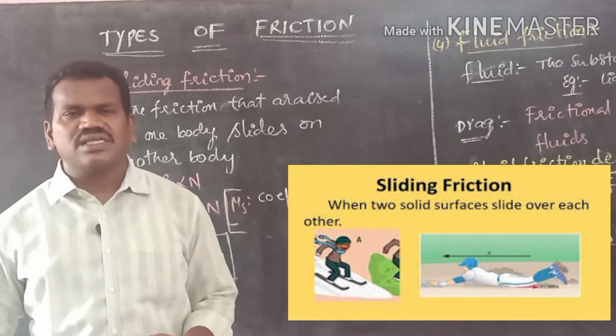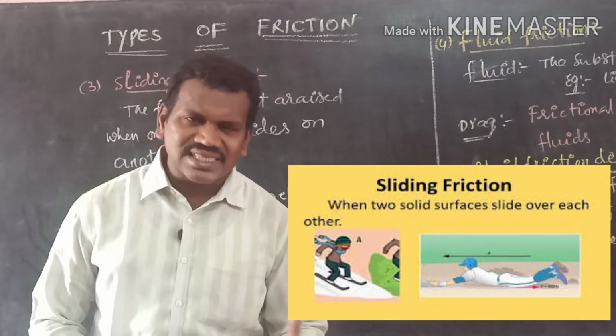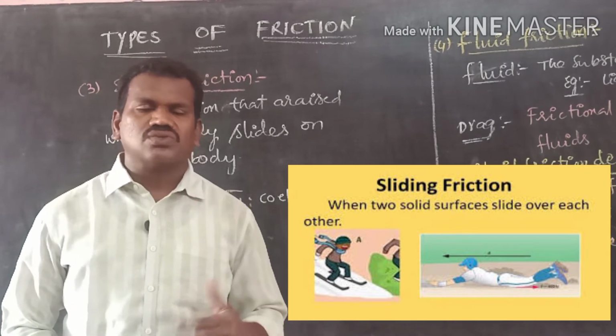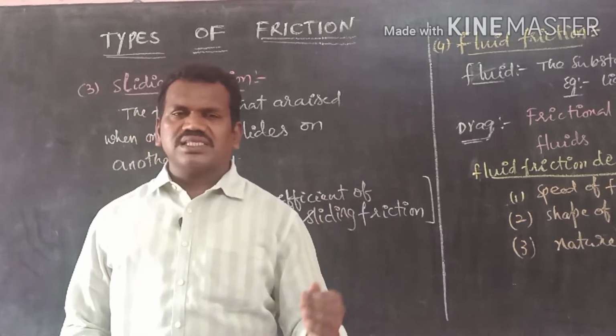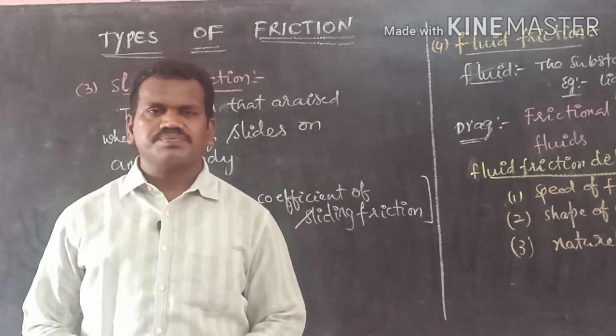After running for a certain time, we slide on the floor. At that time, the friction between your body and the ground is called sliding friction. For example, a small kid is sliding over a surface, so the friction is sliding friction.